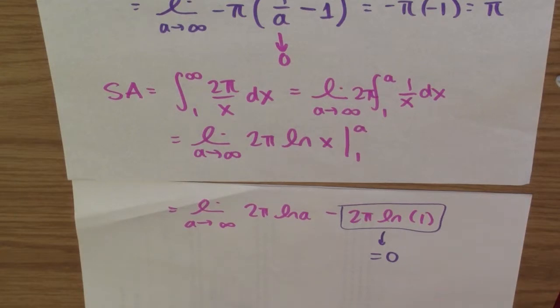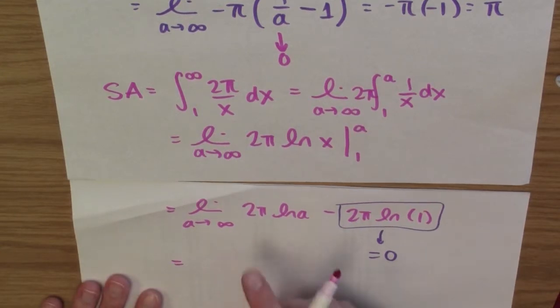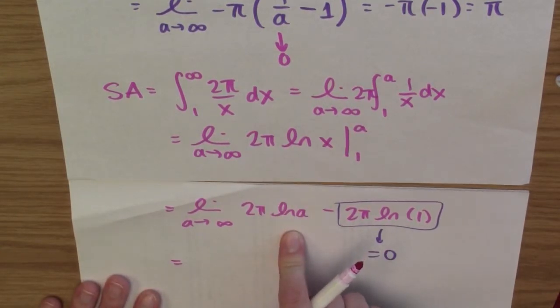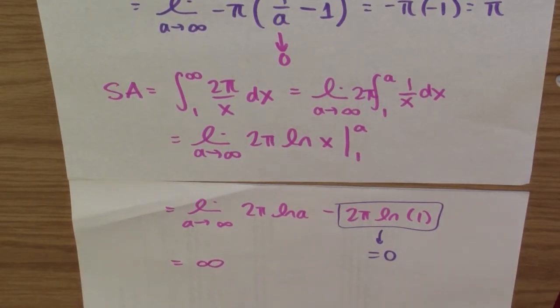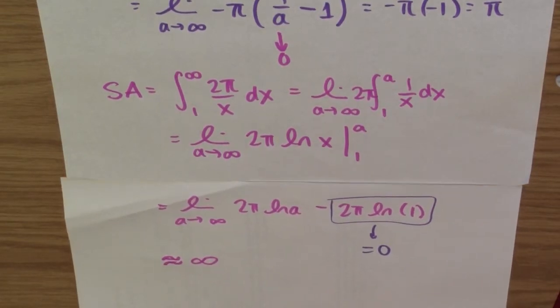So this goes to 2 pi times the natural log of something really, really big, which is really, really big. And so what I actually get is infinity. So the surface area, this is really only approximate, because I didn't use the actual surface area calculation. But the surface area of Gabriel's horn is infinite.